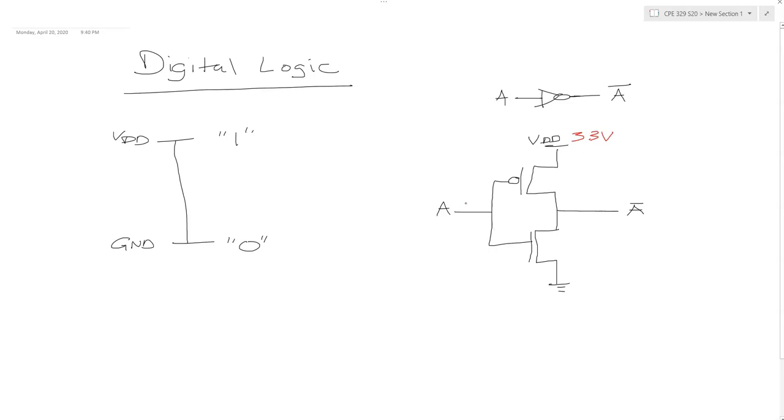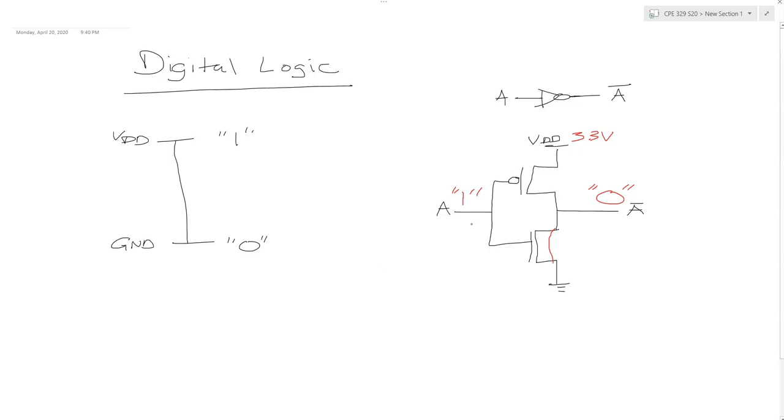And let's say we have a high voltage, a logical 1 on the input. This would result in a channel forming in the N-type device between the drain and the source, allowing current to flow from the output to ground. While the PMOS device would be in an off state with no channel formed, meaning the output would be pulled low and I would see a 0 on the output, the inversion.